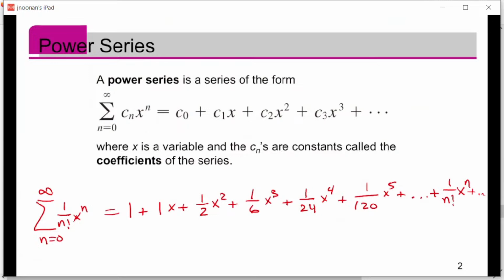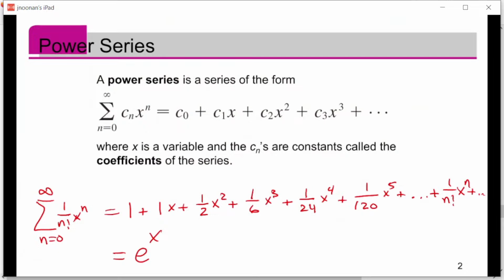Anyway, that has a domain of all real numbers, and not only that, this particular function has another name, and that name is e to the x. So this is the power series for the function e to the x.